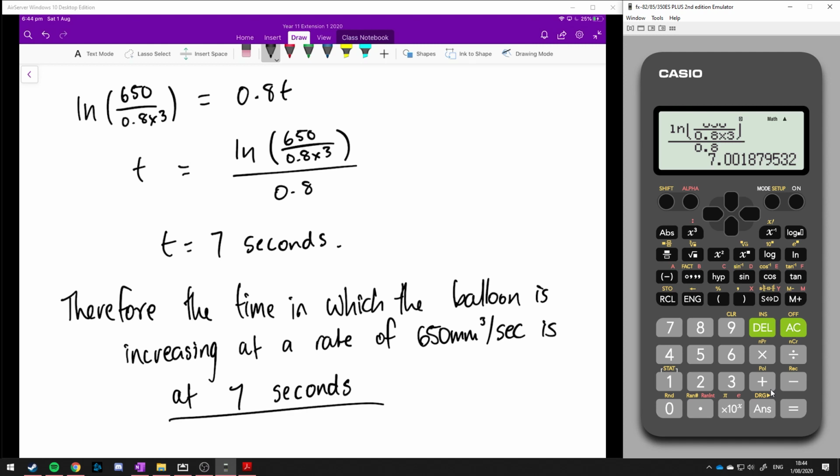And there you go. So that's an example of a worded problem. Again, it's just calculus that we know how to do already, and that's pretty much it, and we're going to leave it there. What we're going to do now is move on to the extension stuff. If you're not doing the extension course, obviously, then this will be the end of your exponential stuff until possibly year 12.